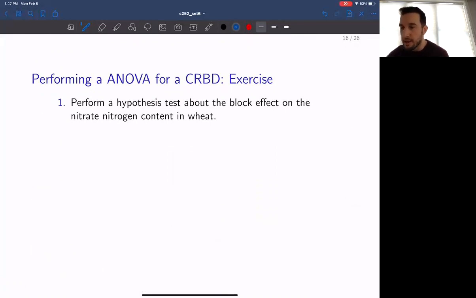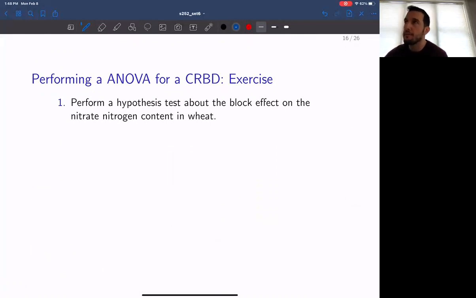Again, we're not overly interested in this type of test because we really want to know if there's evidence of a difference across the treatment effect, but we can use this test to determine if there's evidence that blocking was efficient, or just if there was a block effect at all.